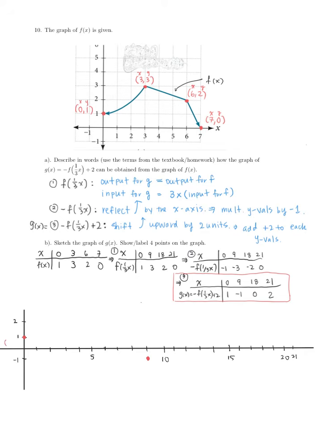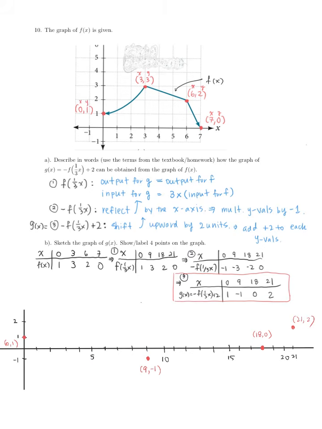So here you have 0, 1, and this is 9, -1, and then 18, 0, so 15, 16, 17, 18, 0. And this is 18, 0, and 21, 2. Somehow I'm going to have to draw a graph that's a reflection of f of x.